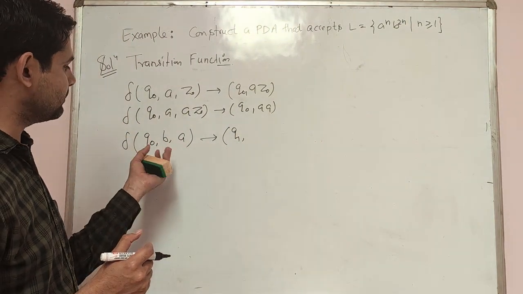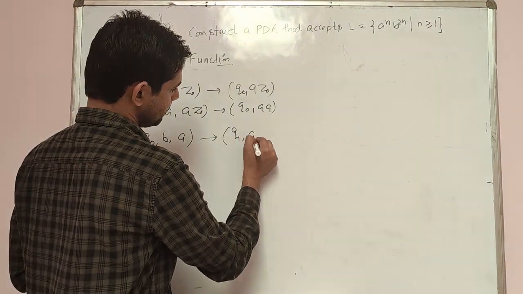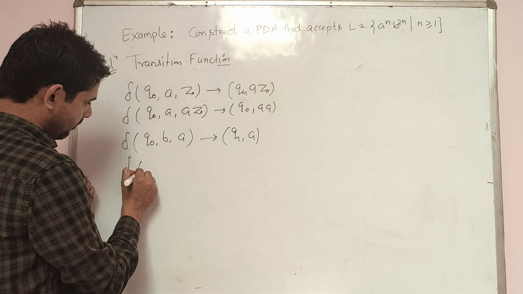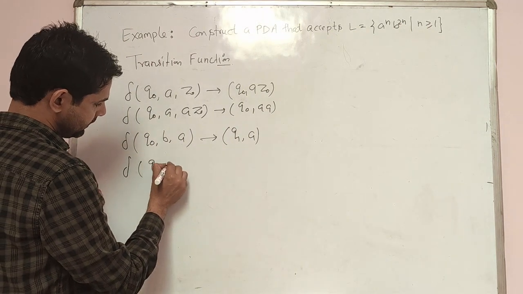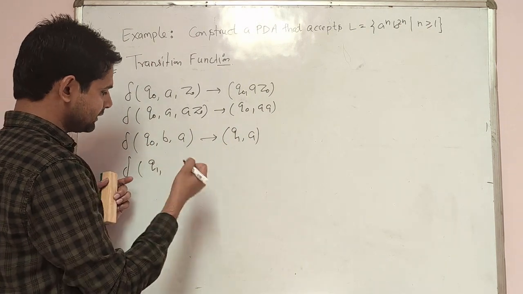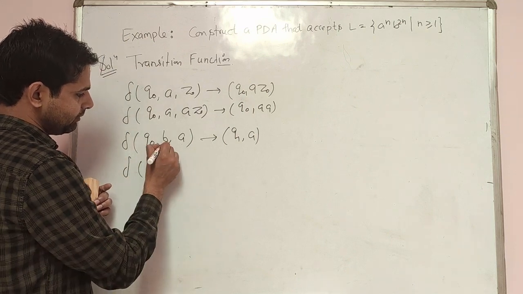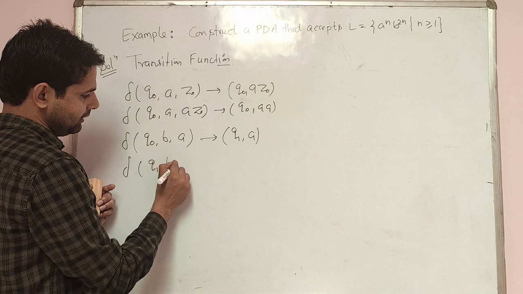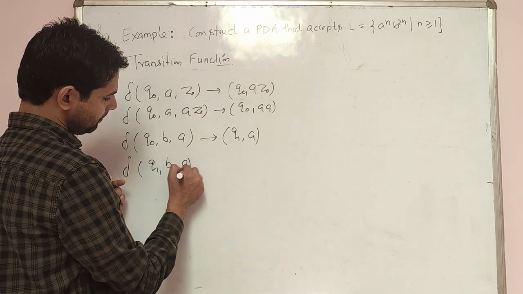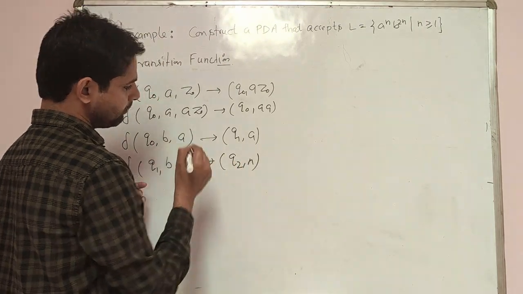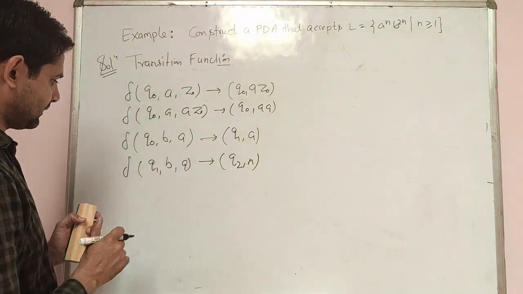We will just read it, so we will not change the top of the stack. Now we are on Q1. The next symbol is B, which means now we are talking about the second B. That was the first, and that one is the second. Stack top is A, so we will just pop A from the stack.